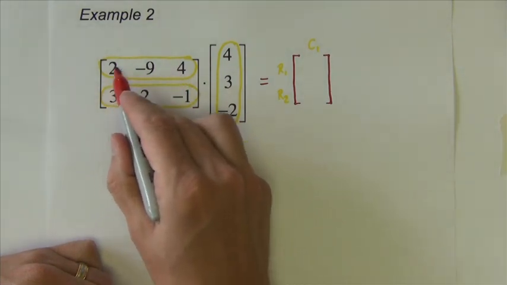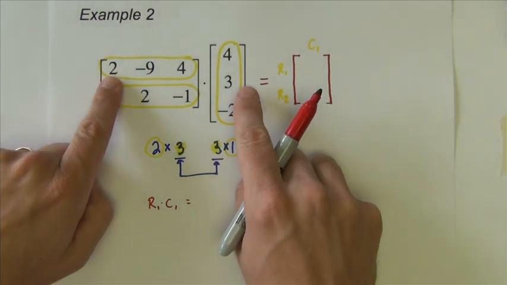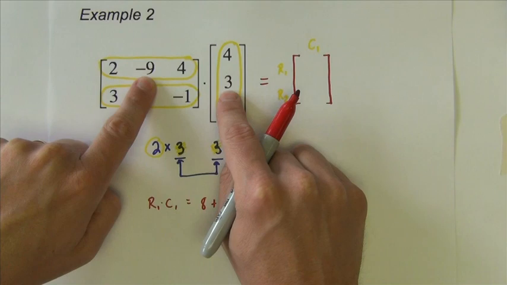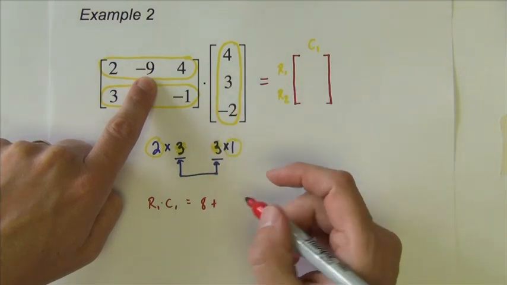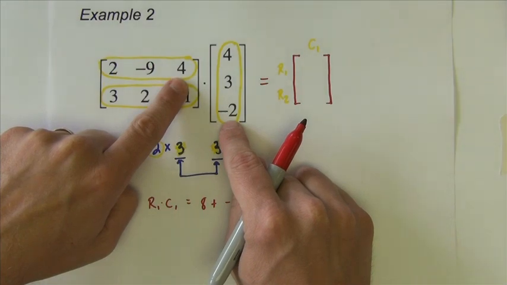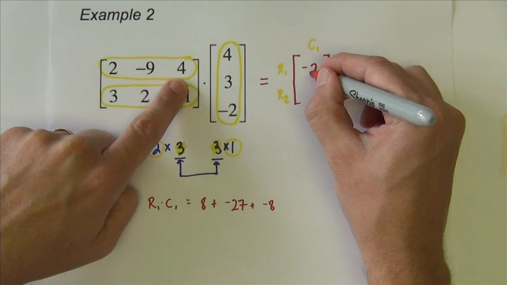So that's row 1 times column 1. And I take the first numbers together. 2 times 4, 8, plus the next numbers together, the ones in the middle, plus the last numbers together, so -8, those add to give -27.